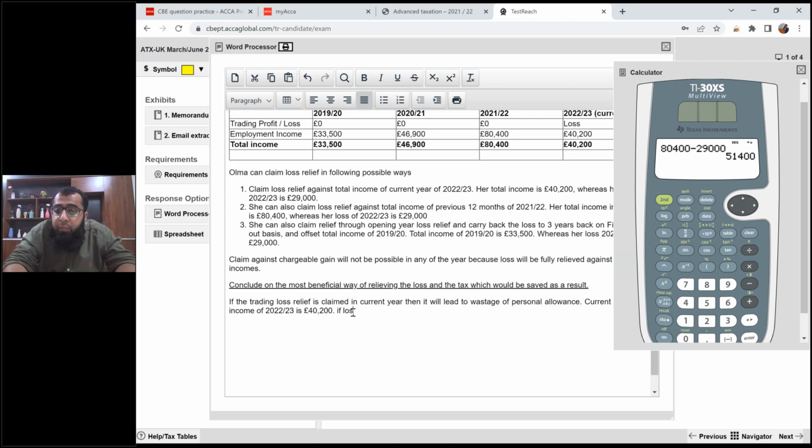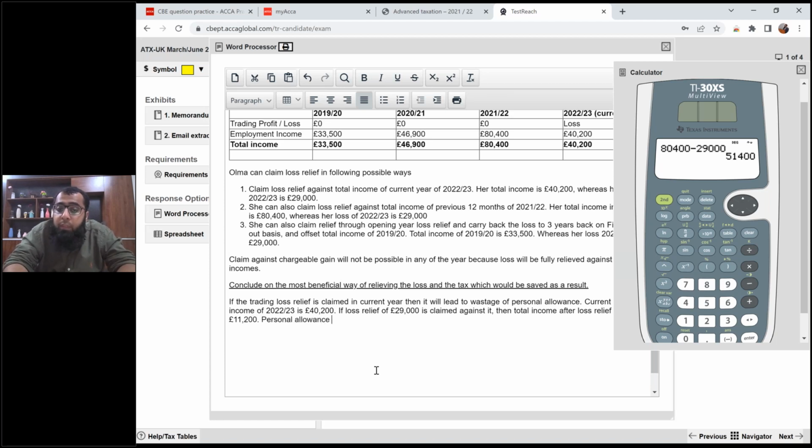If loss relief of 29,000 is claimed against it, then total income after loss relief will fall to 11,200.